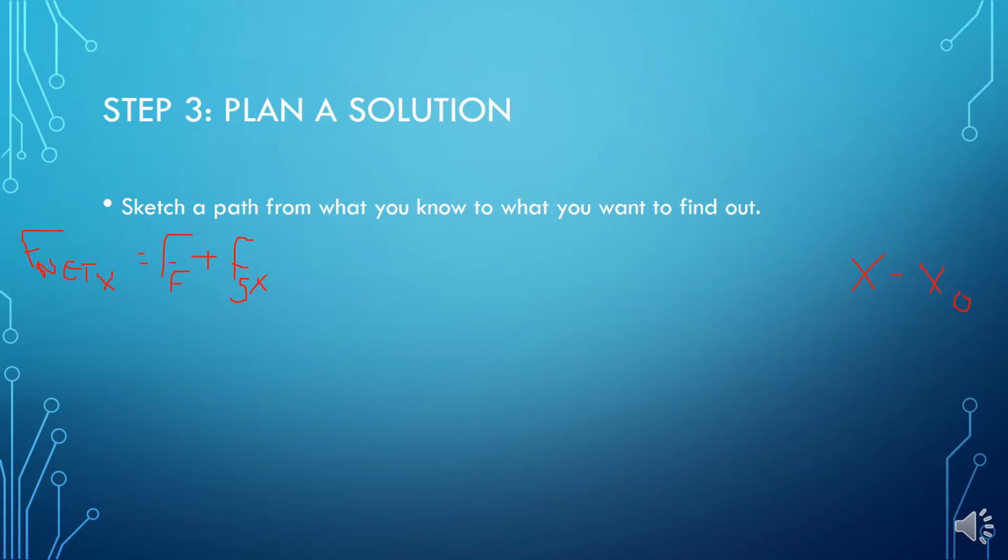We also know that F net x is going to equal the mass of the car times the acceleration of the car. And I need to go ahead and label some of these as vectors by giving them their arrows.